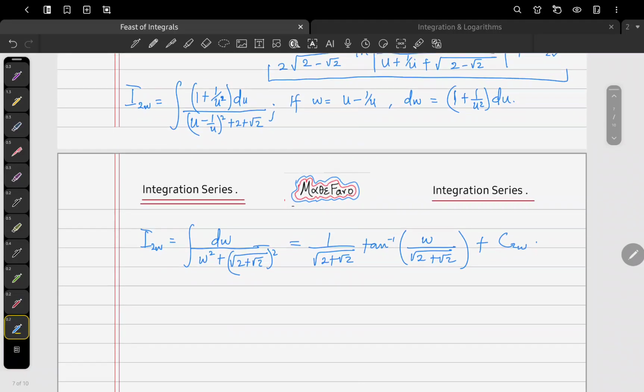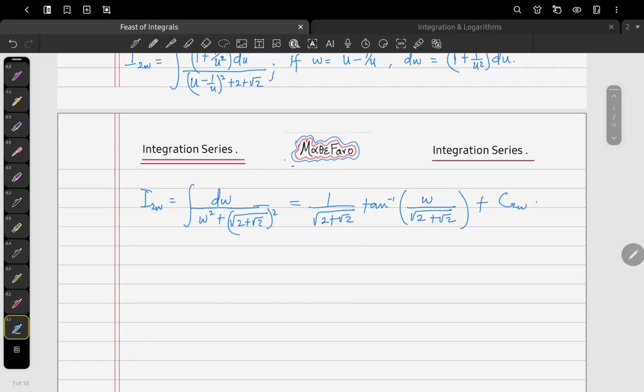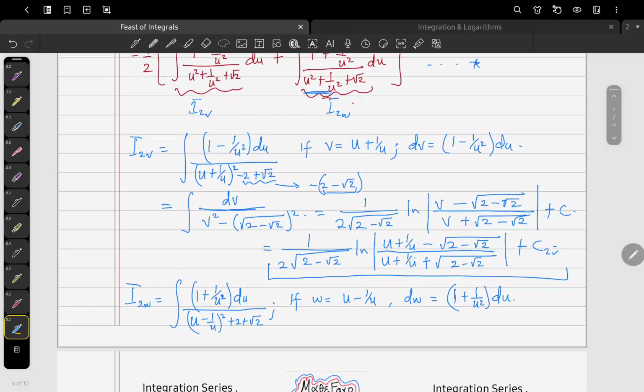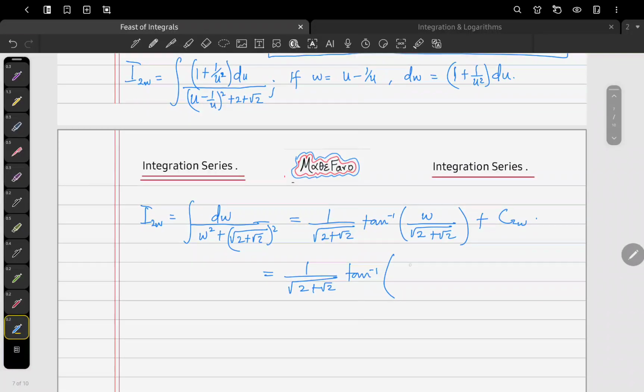So let's bring back the u for this one. So this is 1 over square root of 2 plus square root of 2 tan inverse of, what is w? w is u minus 1 over u, so u minus 1 over u over square root of 2 plus square root of 2 plus c2w.